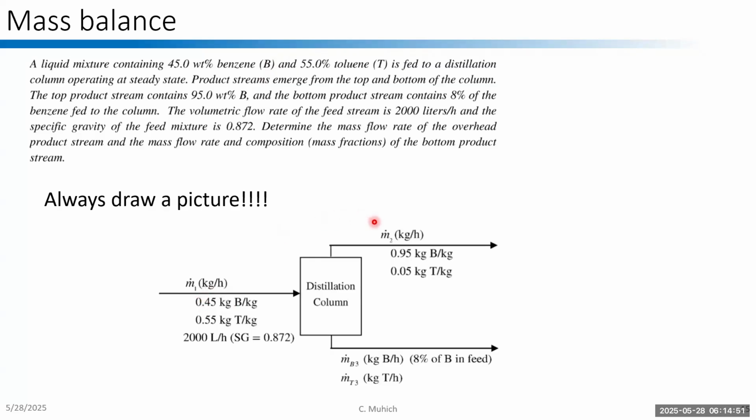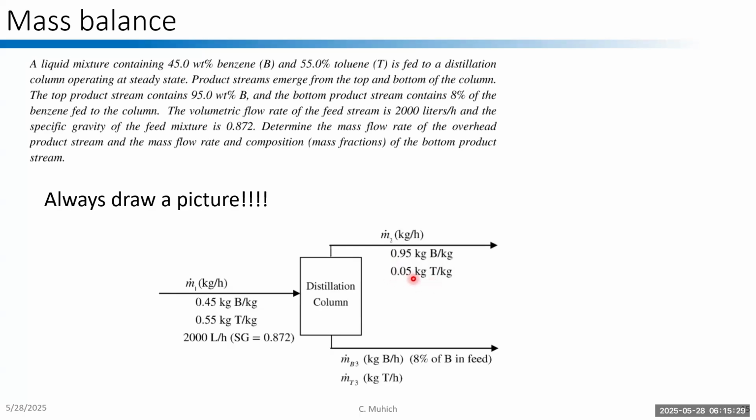Over on the right-hand side, I can add additional information about what's leaving the distillation column. I was told that the top stream product contains 95% benzene by weight, and so I can write that out. So 0.95 kilograms of benzene per kilogram leaving here. And if it's 95% benzene, that must mean that the other 5% is toluene, right?